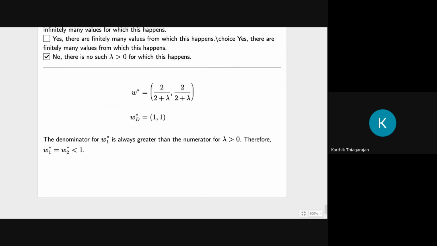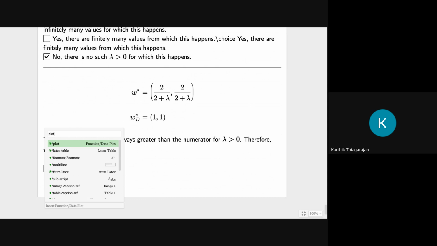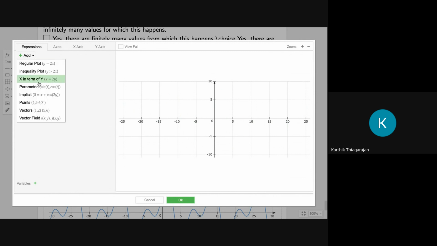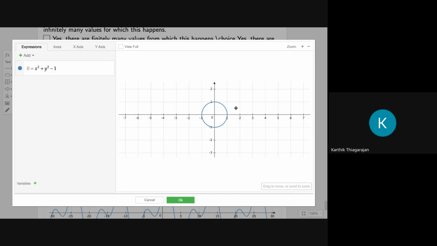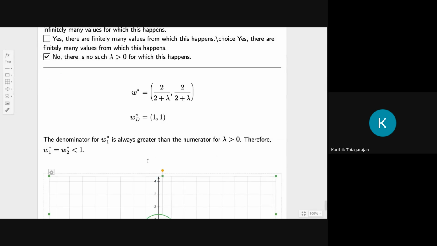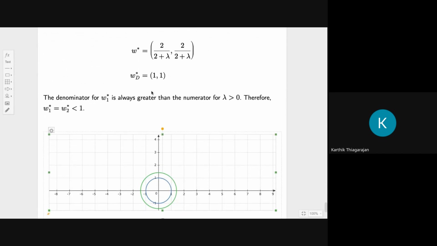So what you have to take away from this question is the following image. We have done this in regularization, right? You have these circles which are typically drawn. This is x square plus y square. I'm just drawing some circle, and another circle. So 1 comma 1 will be on one of these circles. Remember that.